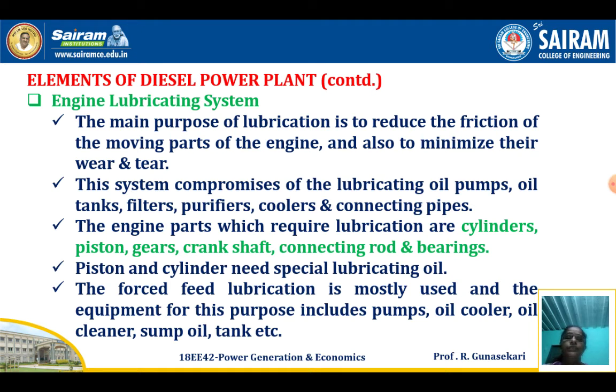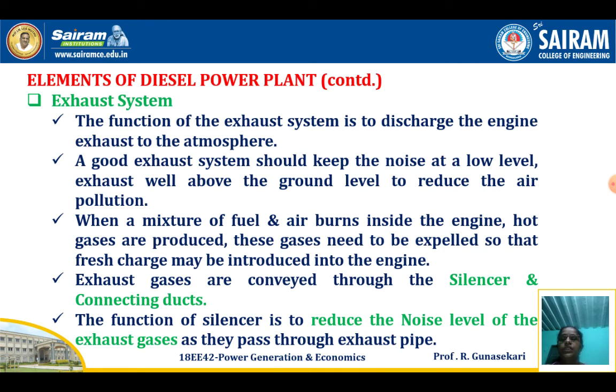The engine parts which require lubrication are cylinders, piston, gears, crankshaft, connecting rod and bearings. Piston and cylinder need special lubricating oil. Forced feed lubrication is mostly used, and the equipment for this purpose includes pumps, oil cooler, oil cleaner, sump oil tank, etc.